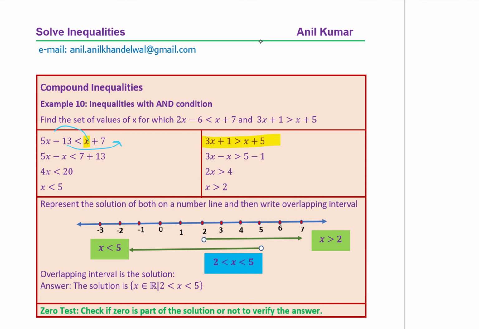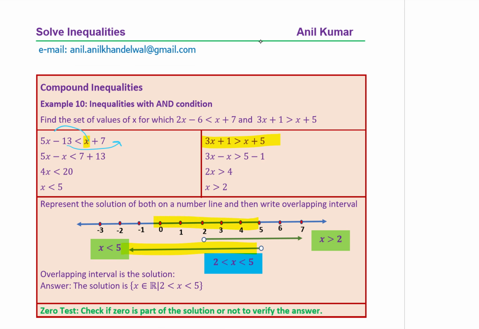We can write this as 5x minus x less than 7 plus 13. 5x minus x is 4x, and on the right side we get 7 plus 13, which is 20. Dividing by 4, x is less than 5. You see that? So we got our solution x less than 5. This solution x less than 5 is shown here. So this is this part of the solution.